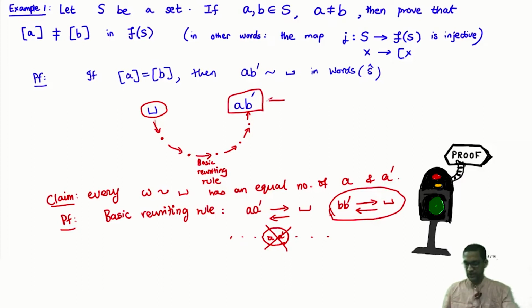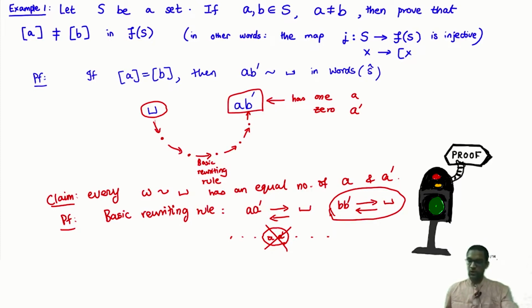Because this final word has one occurrence of A and zero occurrences of A dash, so it has an unequal number of A's and A dashes. So this word couldn't possibly have arisen from a sequence of basic rewriting rules applied to the empty word.